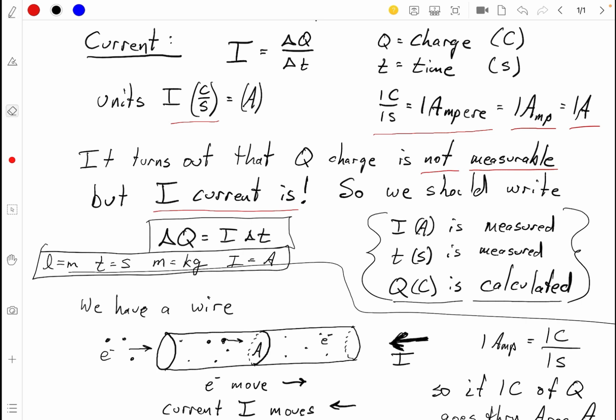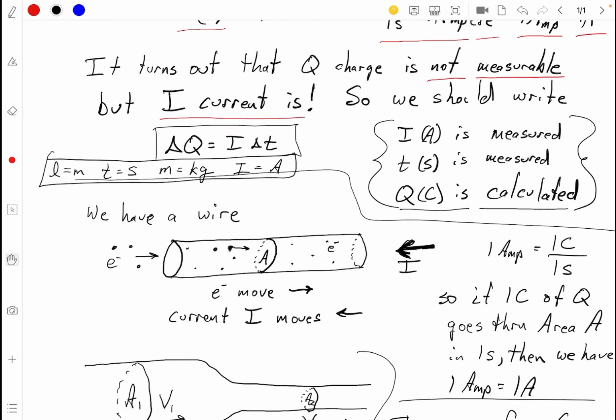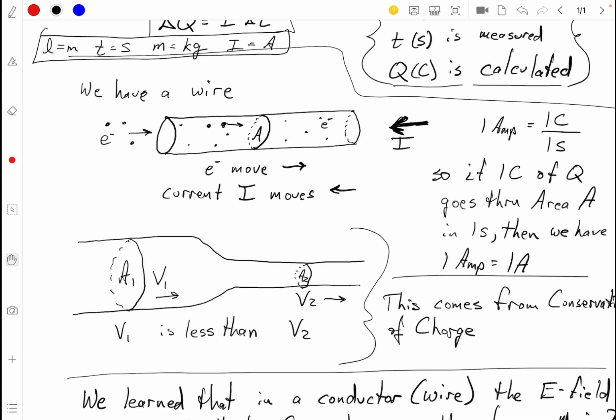Okay, so let's talk about what current moves through. Well, it moves through a wire, right? We know that the electrons are the things that are moving, but Benjamin Franklin got us thinking that a positive thing was moving.